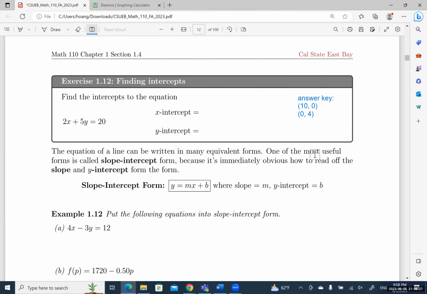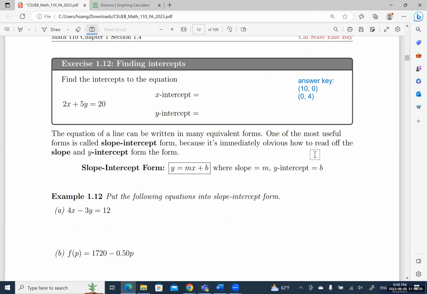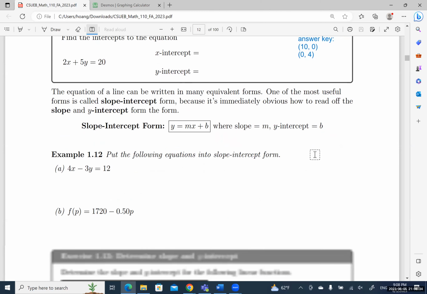Okay, so we have learned about slope. We have learned about x-intercept and y-intercept.